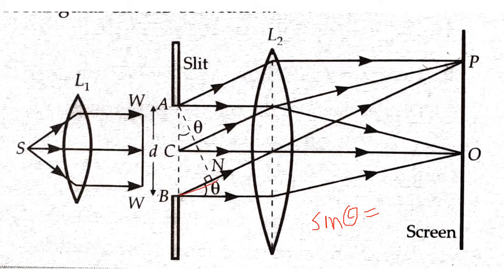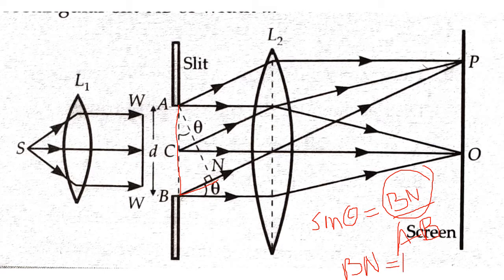Your opposite side is BN, and in this case my hypotenuse is this one, which is AB.